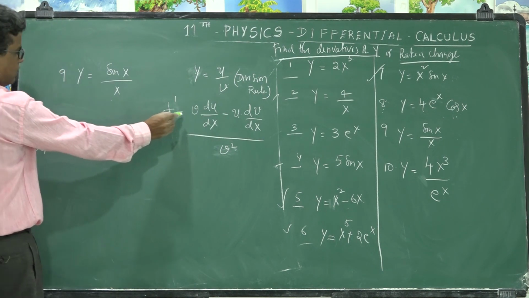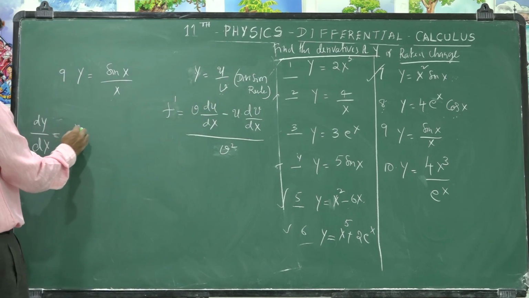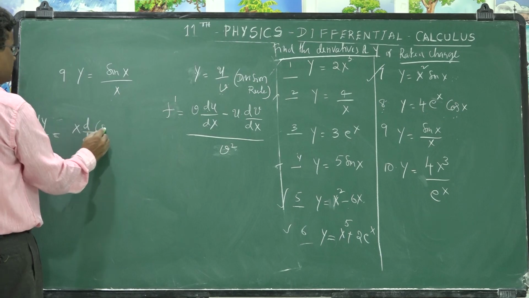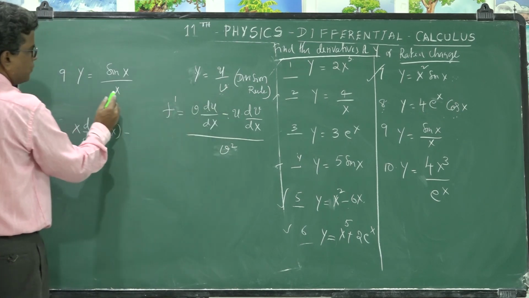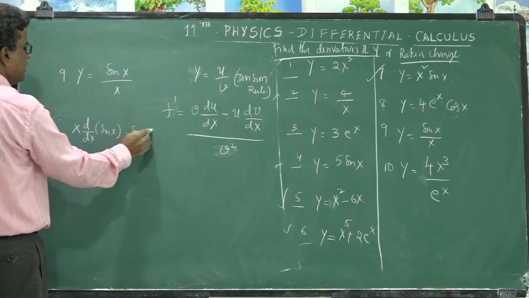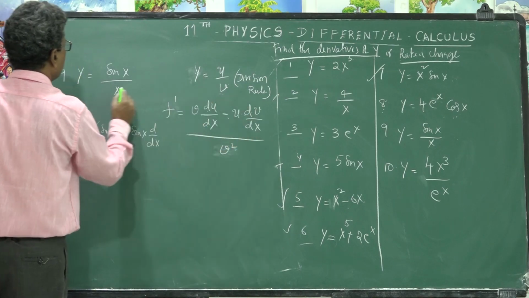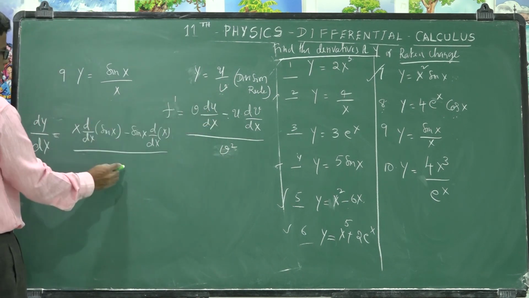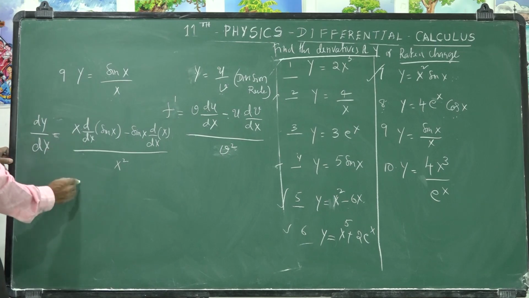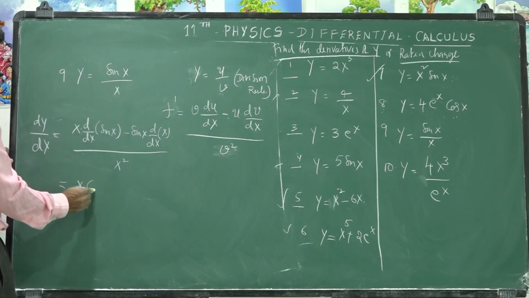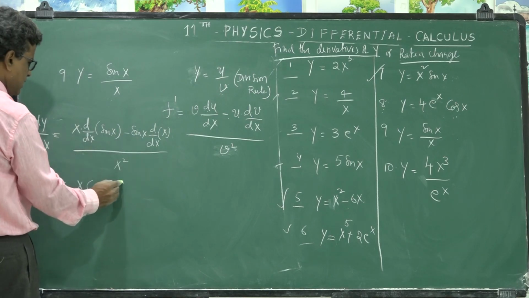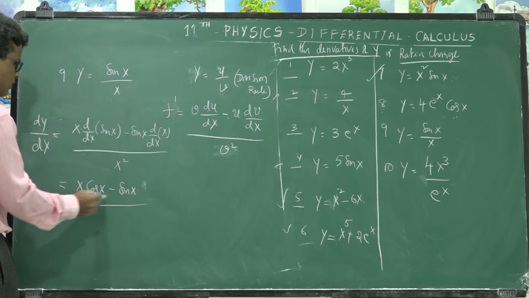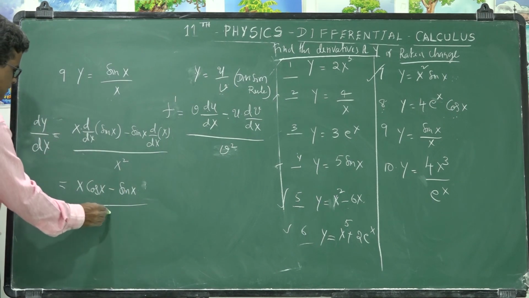Use this formula: v, x as it is, times du by dx, the derivative of sin x, minus u, sin x as it is, times the derivative of the denominator x, all over v square, that is x square. d by dx of sin x gives cos x, minus sin x, d by dx of x is 1, into sin x, so it becomes x cos x minus sin x by x square.